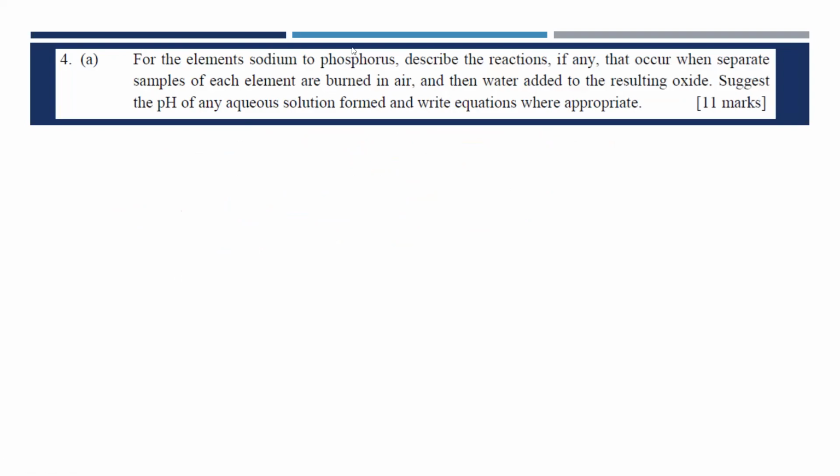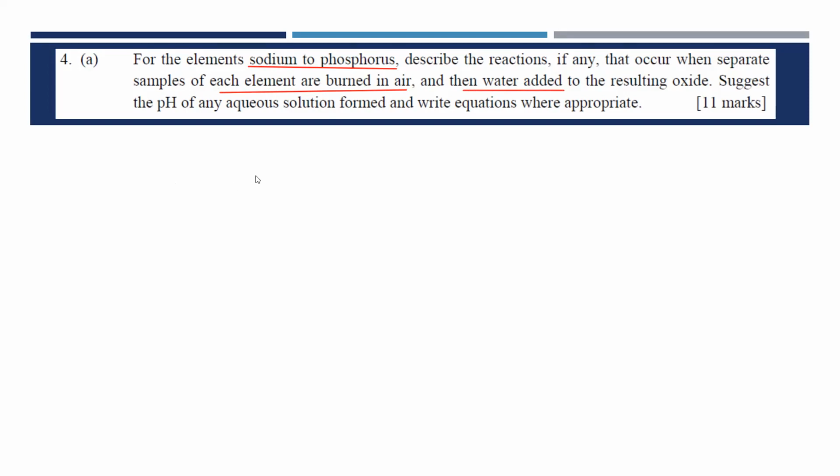So in here, there are 2 things you have to write. There are generally two reactions in here, so you have to try your best to describe as fully as you can.